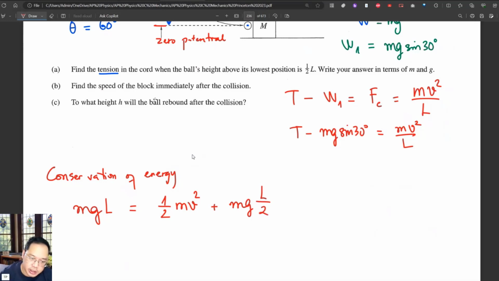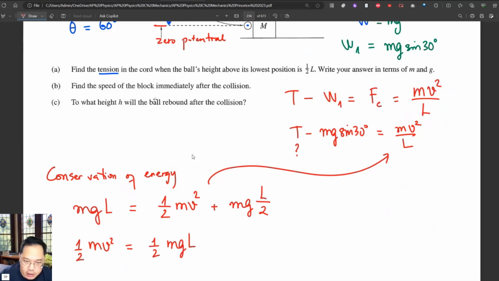From this equation, we can find v squared and then plug in here to find the tension. So 1/2 mv squared equals mgL minus mgL over 2, which is half of mgL, because 1 minus 1/2 is 1/2. Then we can simplify the 1/2, so mv squared equals mgL.